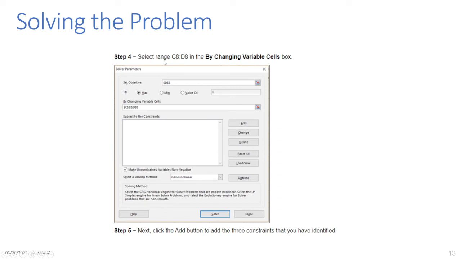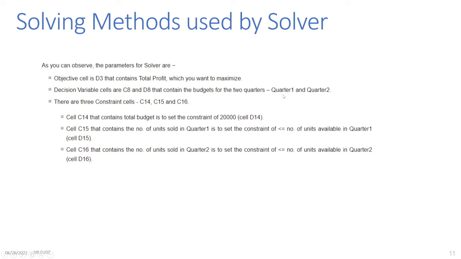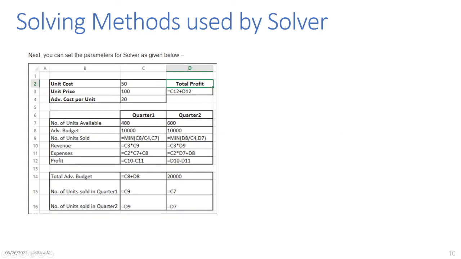Then step 4, select range C8 to D8 in the By Changing Variable Cells box. Again, we would like to know, if we change these values, what will be our maximum profit given these parameters or conditions.